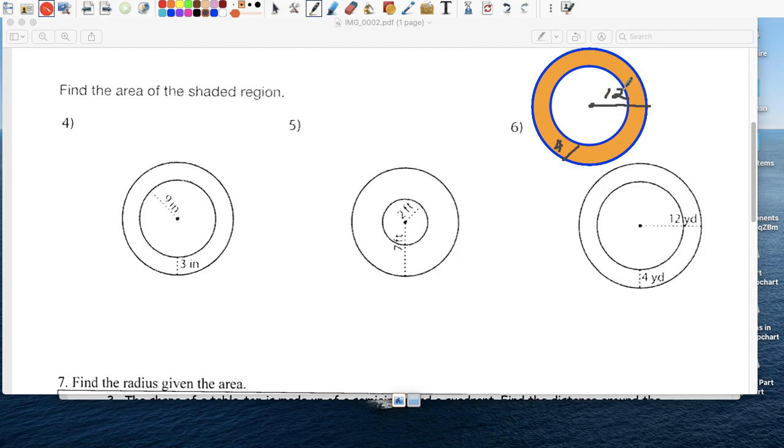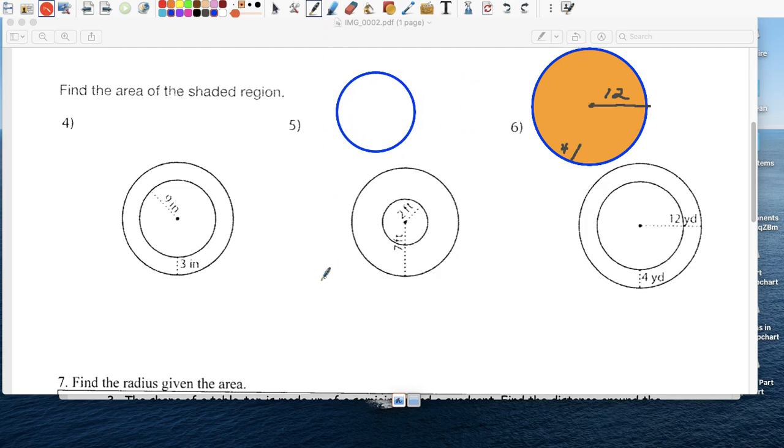So let me just write this a little bit better. This is 4. Now the question is, how much is this guy? If you think about it, let me take this circle out. If I take the circle out, I have the radius of the big circle.